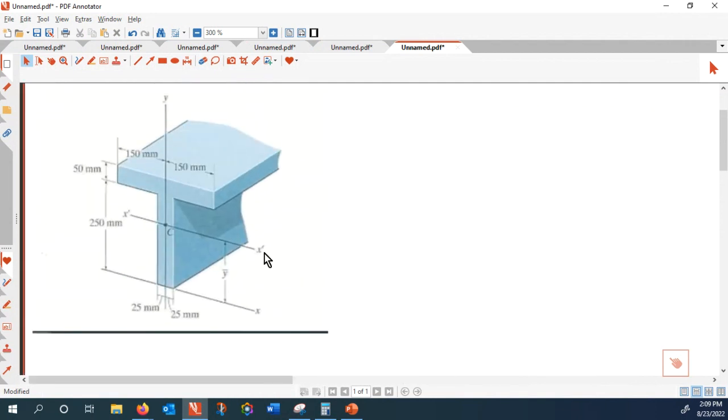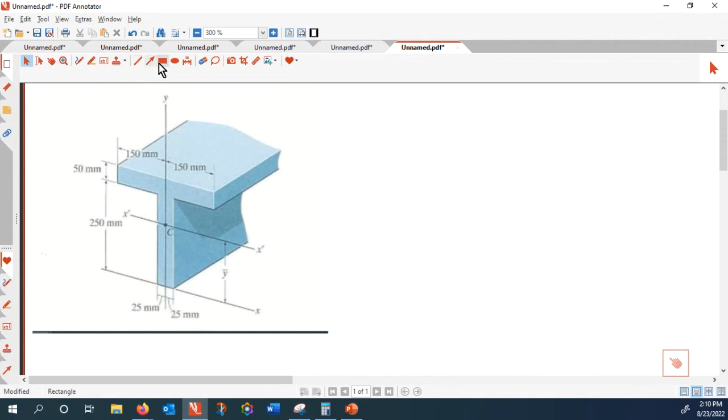Okay, so now you have to make a decision how you want to split that into primitive shapes. Like I said, there are several ways you can do that. It is just that some of the ways are easier than others. You want to make sure you do it in an easy way.